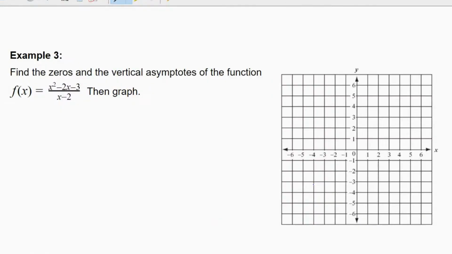So example 3 says, find the zeros and the vertical asymptotes of the function. Okay, so just so that we can remember, zeros are the places where your graph will cross the x-axis.